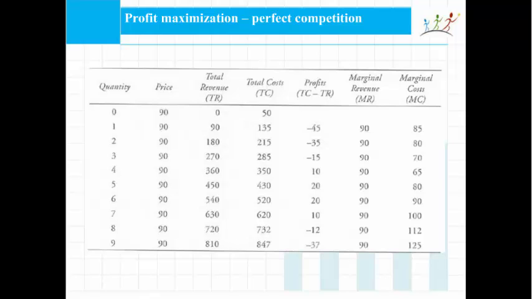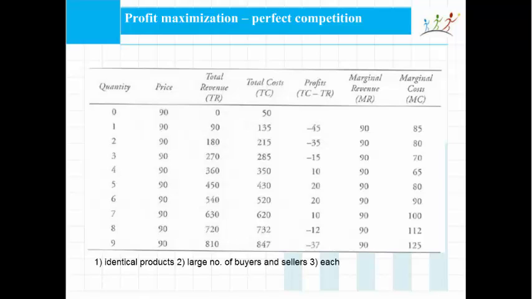Now, a perfect competition is defined as an industry where all producers sell identical products. So the product is exactly the same. Second, there are a large number of buyers and sellers.